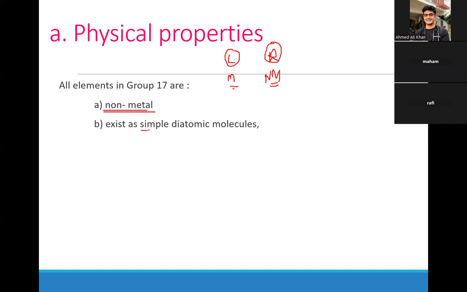They exist as simple diatomic molecules in their free state. So, for example, all elements in group 7 will exist in a diatomic state. They'll never exist as separate atoms.